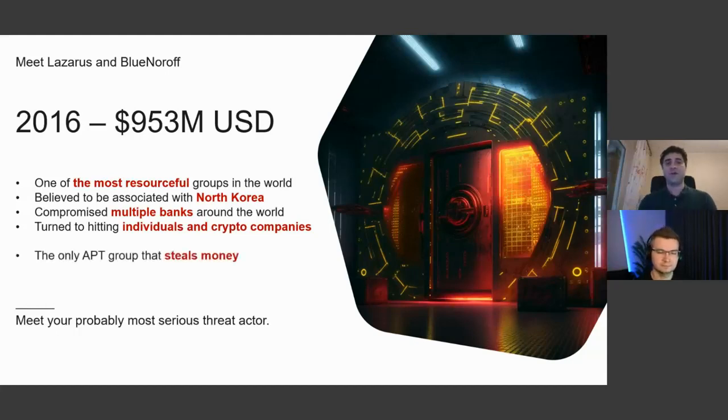Of course, at least that we know, this is the only group whose focus is stealing money. Maybe our country is sanctioned, and we want to try to steal as much money as possible. So where can we steal this money from? Cryptocurrency. So BlueNoroff is the one that you should be looking out for.